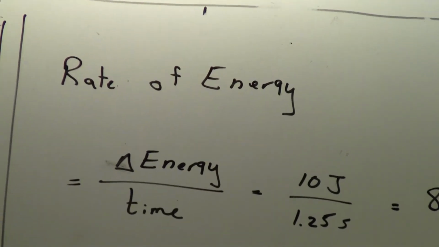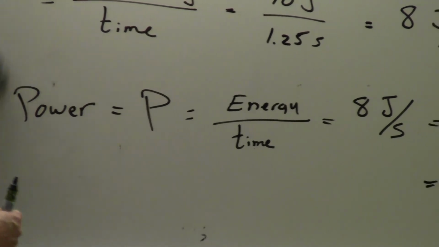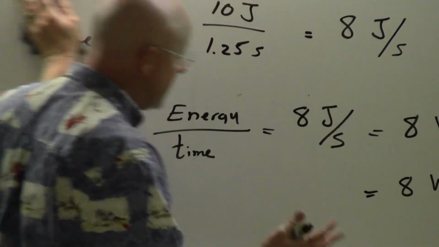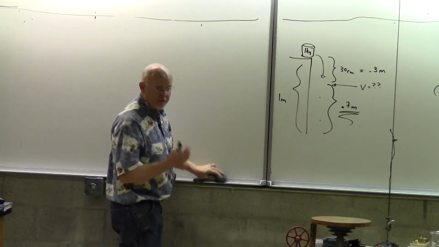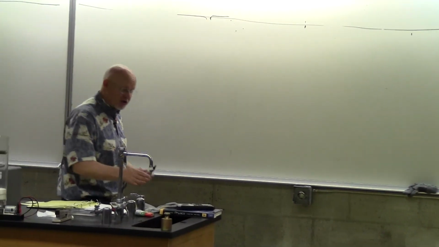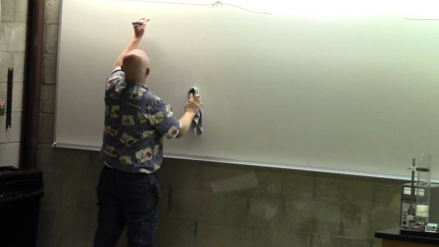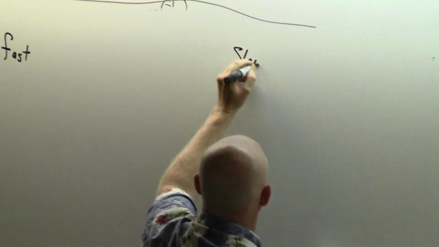So you can see, hopefully, that rate isn't really that hard. It's really nothing more than, or nothing different than, talking about speed and accelerations, where those were rates of movement. This is not a movement, but this is a rate at which the energy changes. And so if I did it fast versus slow.